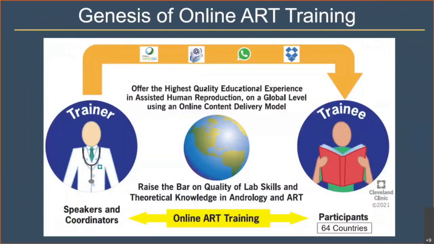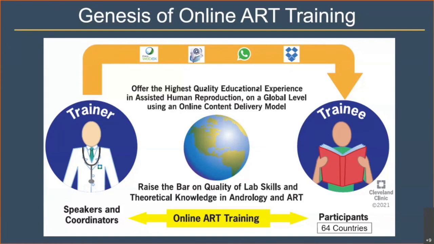So let's talk about the genesis of online ART training. Some of you have been listening to this. We got this picture drawn by our medical artist for a publication that we are planning to do. So essentially, the program was created because of the pandemic to offer the highest quality educational experience in human-assisted reproduction on a global level using an online content delivery model.